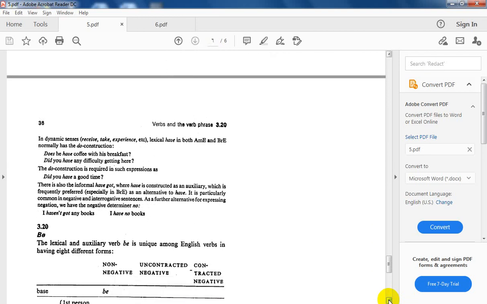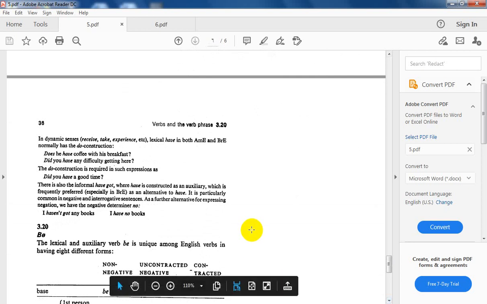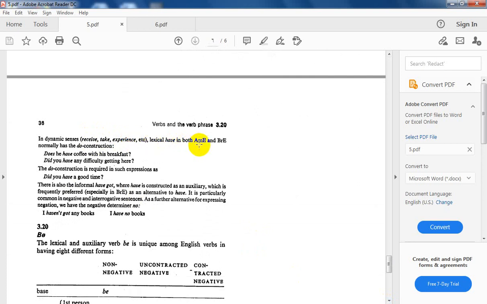But if it is dynamic, which means receive, take, experience, lexical have in both American and British normally has the do construction. Does he have coffee with his breakfast? Did you have any difficulty in getting here?